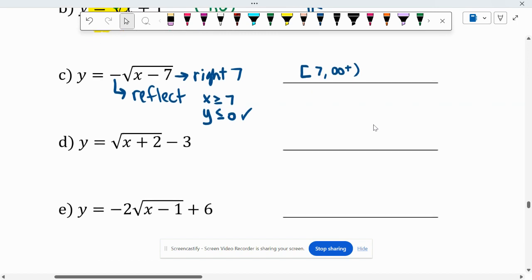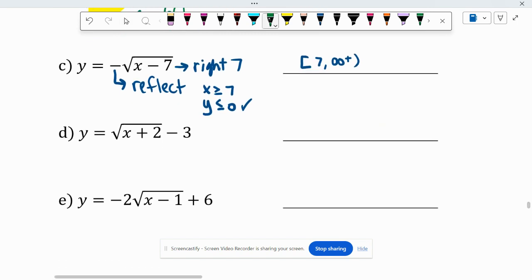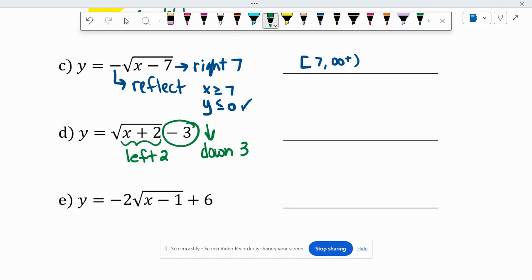Okay. Example D is also a square root function. Let's talk about our movement. What's happening inside? Left 2. And what else? Down 3. So the down changes the y, the left changes the x. So -2, -3.